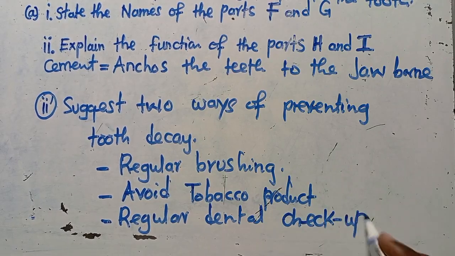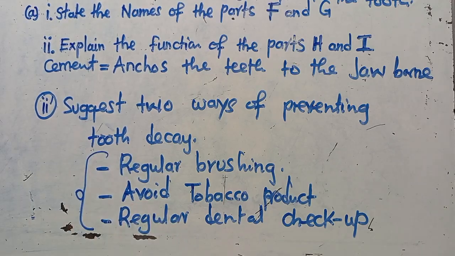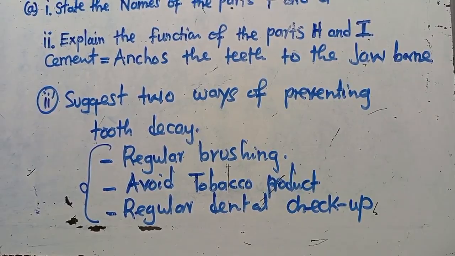You visit the clinic for dental checkup. And there are quite a lot. You need to limit acid foods and drinks. So these are some of the ways in which you can prevent tooth decay. I guess you've learned something and you're able to answer questions that may come in an exam.